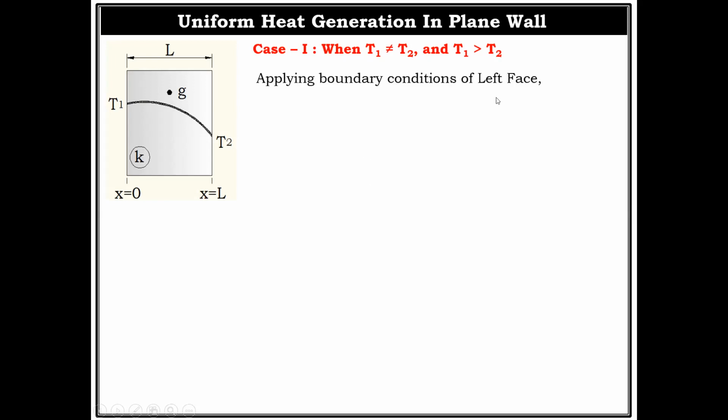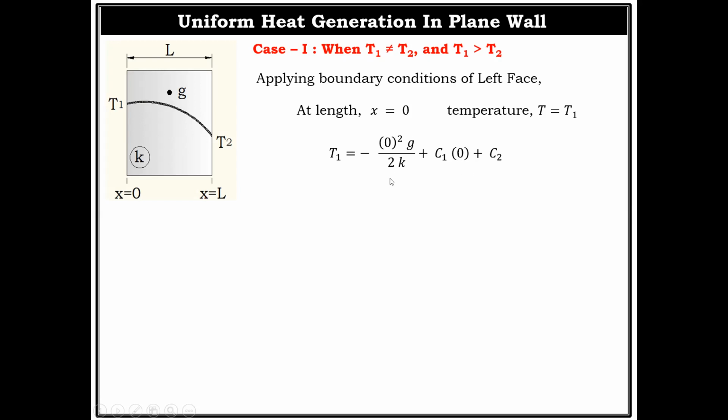So applying a boundary condition. At the left face, what is the boundary condition? When length x equals 0, temperature is T1. So applying the boundary condition to our general equation, T1 equals minus, x value becomes 0, so 0 square g upon 2k, plus c1x, so x becomes 0, plus c2.